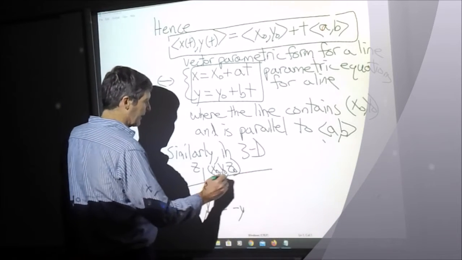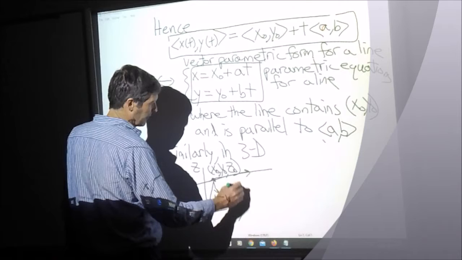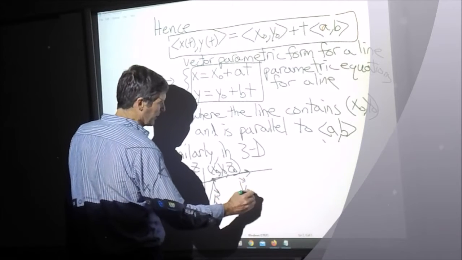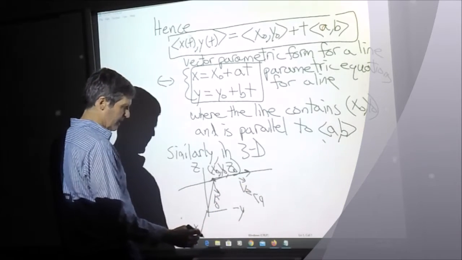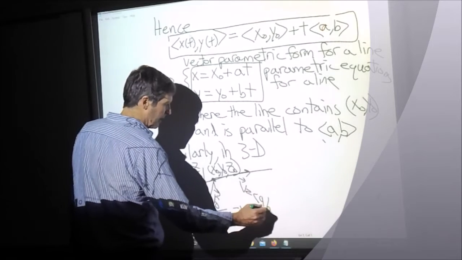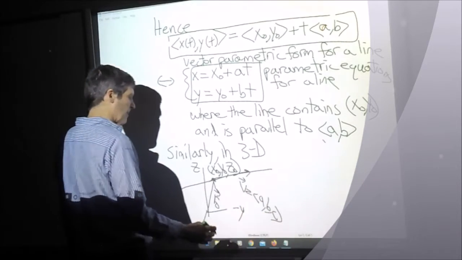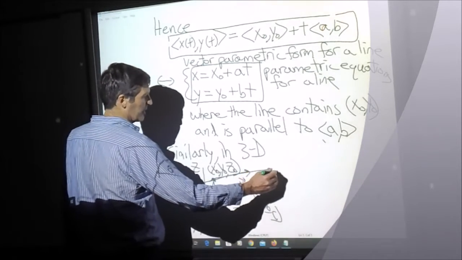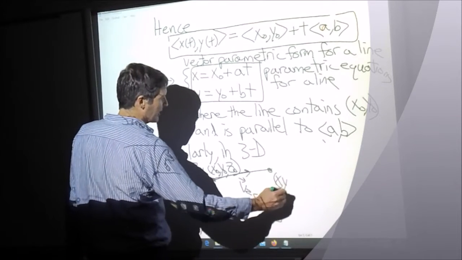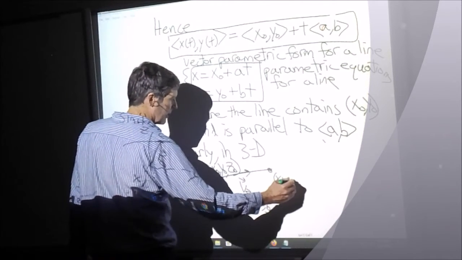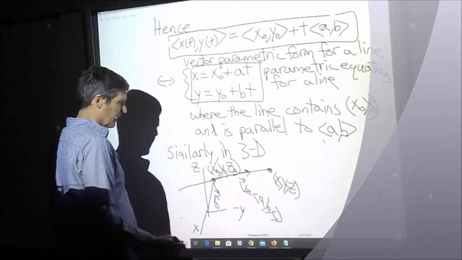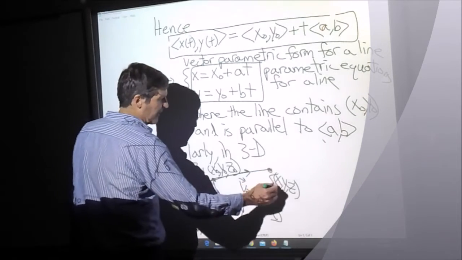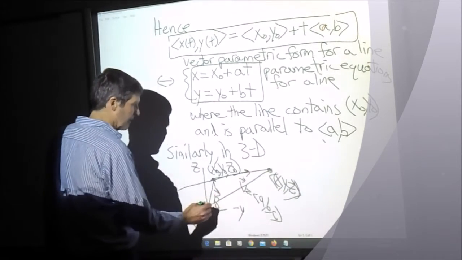And then if we take any non-zero vector whatsoever, v with components a, b, c, we can get to an arbitrary point of a line, x, y, z, or let's say this is the vector x, y, z.